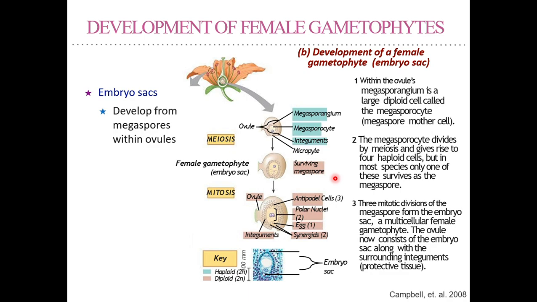And then it will undergo mitosis 3 times to form the embryo sac, a multicellular female gametophyte. And then the ovule now consists of the embryo sac along with the surrounding integuments, which is the protective tissue.